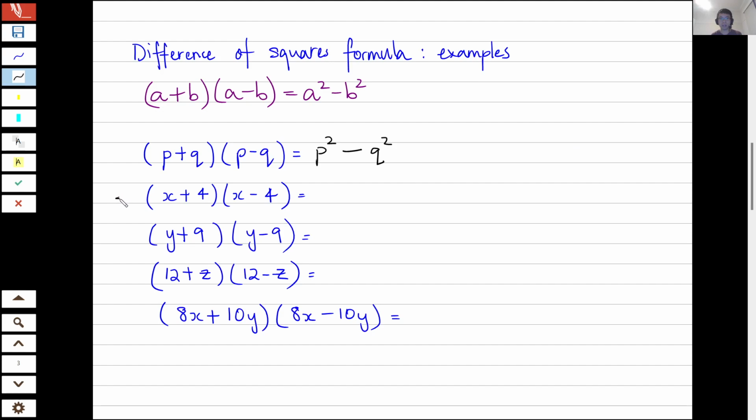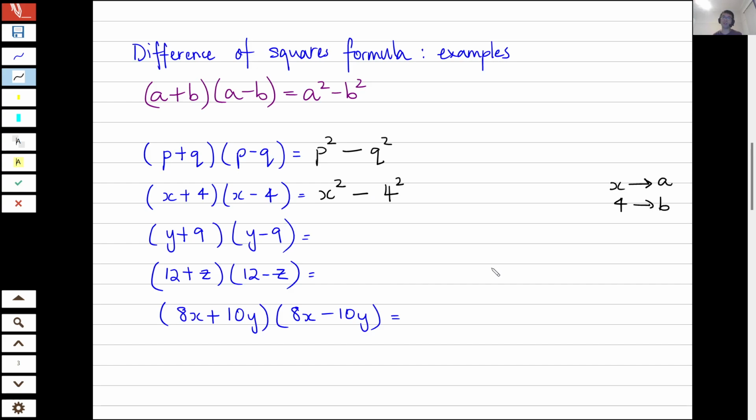All right, let's look at this one. x plus 4, x minus 4. Again, we have the same form as this, a plus b, a minus b. This time, x is a, and 4 is b. So this time, I'm not going to have two letters squared. I'll just have one letter, x squared, and I'm going to have 4 squared.